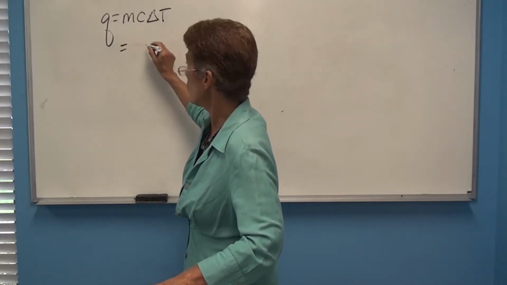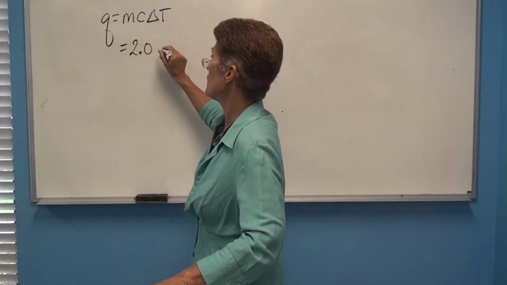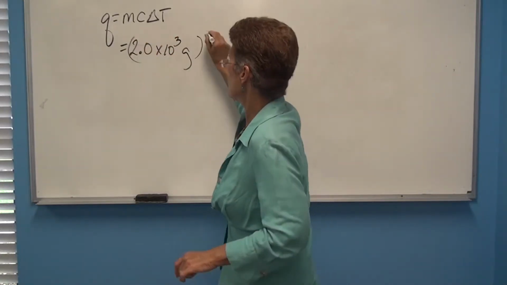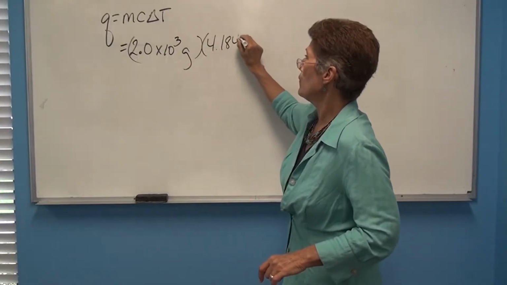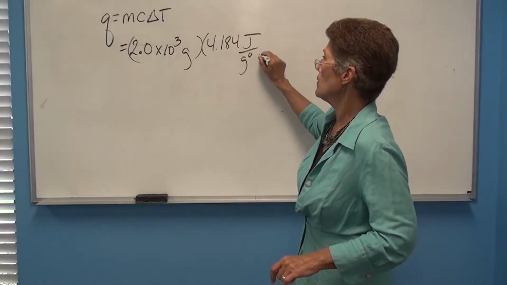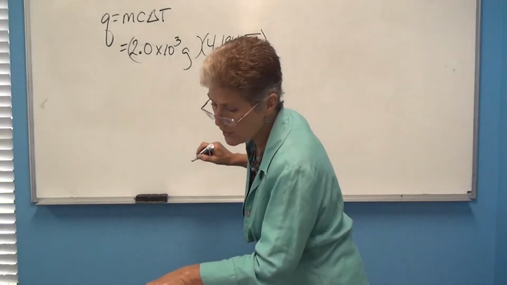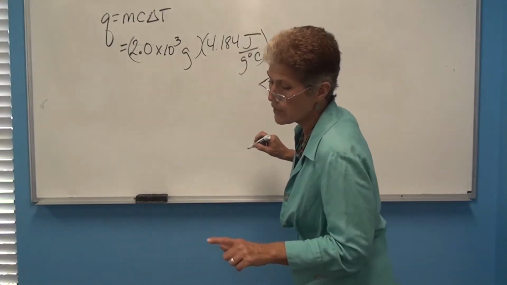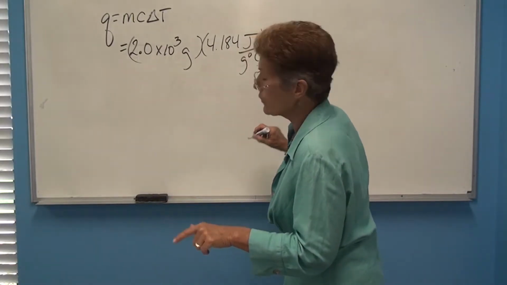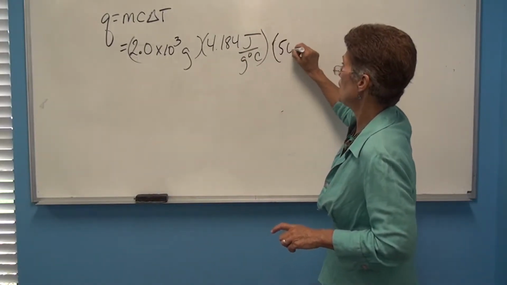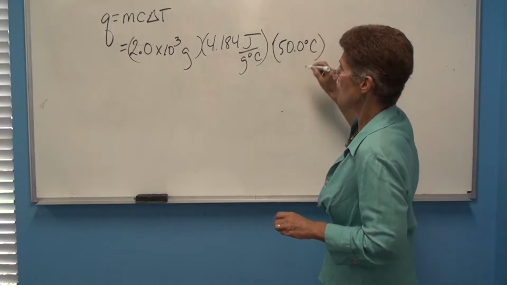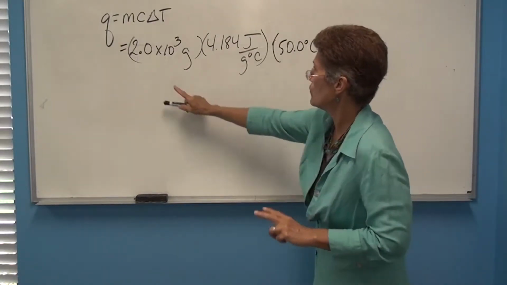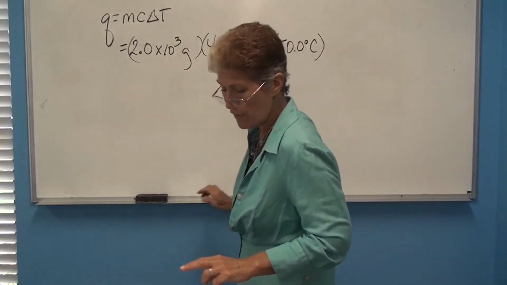So the mass of the water is in grams, 2.0 times 10 to the third grams times 4.184 joules per gram degrees Celsius. And the change in temperature that we have is 50 degrees Celsius. And so you would answer in 2 significant figures because this limits you to 2 significant figures.